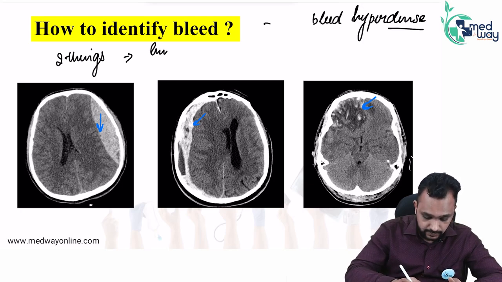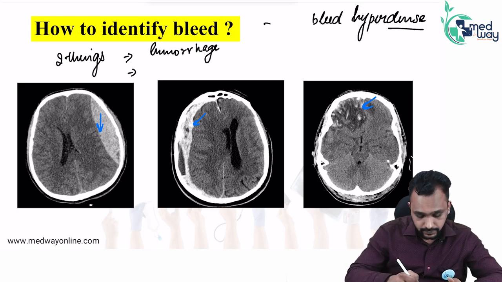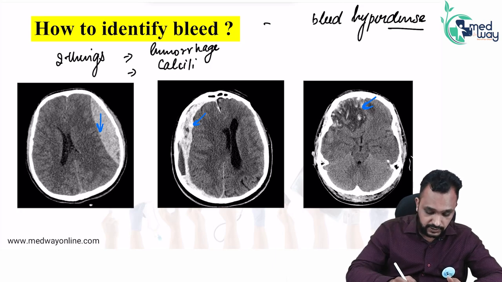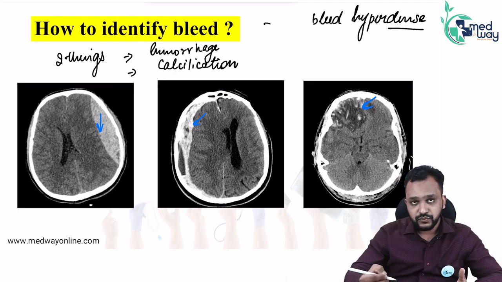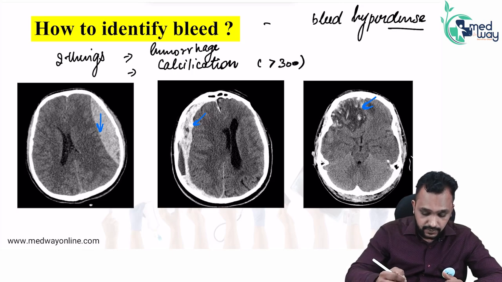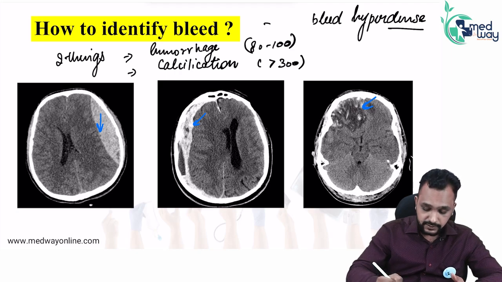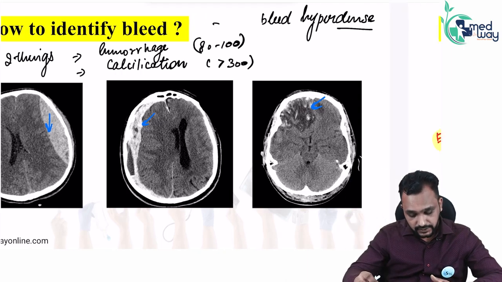One is hemorrhage and the other is calcification. If we have a history of trauma, we are going to suspect hemorrhage. Also they have different Hounsfield units. Calcification will have Hounsfield units more than 300, whereas hemorrhage will have Hounsfield units between 80 to 100. That is the difference between hemorrhage and calcification.